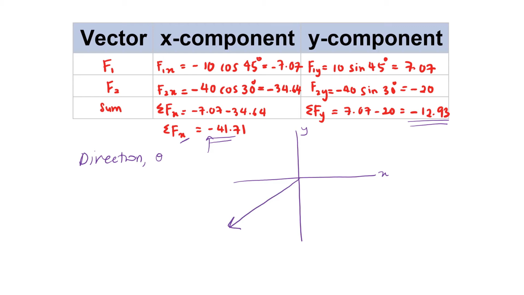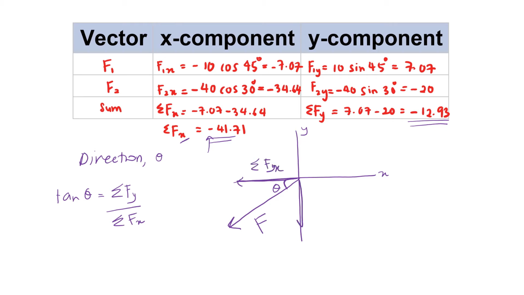Now we want to find the direction, which is denoted by an angle, and the formula is tangent theta is equal to summation of Fy over summation of Fx. This is the position of summation of Fx, and this is the position of summation of Fy.